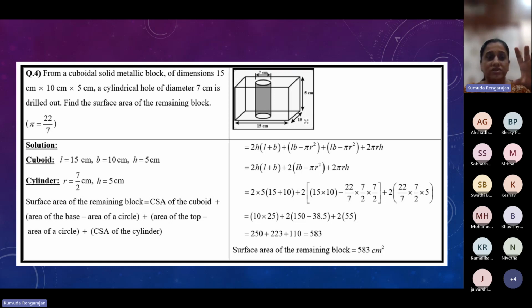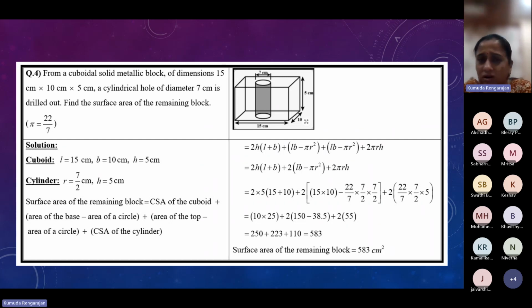When the first thing includes the second area, then you can subtract. You write one thing first; if that one includes some area, that can be subtracted. Now, when you find the TSA of the cuboid, which is about the area of the 6 flat surfaces, those surfaces have nothing to do with the curved surface area of the cylinder. The CSA of the cylinder is not a part of the total surface area of the cuboid.